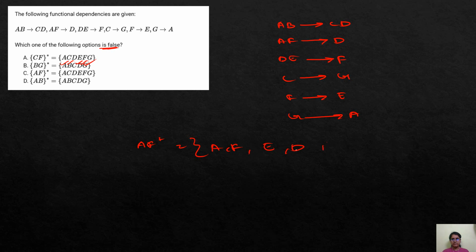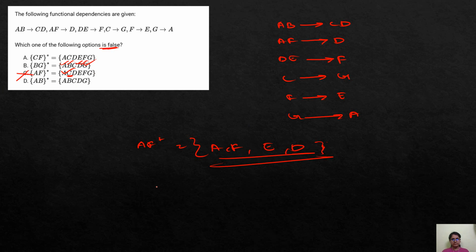DE we can derive F, which is already there. Can we derive anything else? No, only this much we can derive. So let's check. Okay, we haven't derived C, but here C is present. So this attribute closure is absolutely wrong. So this is our answer.